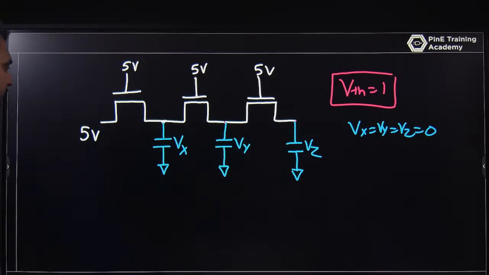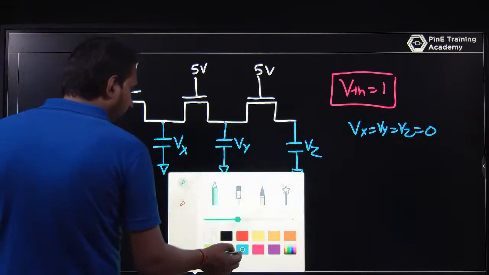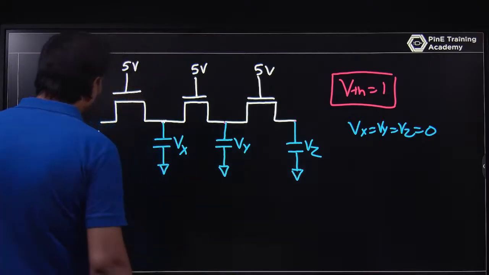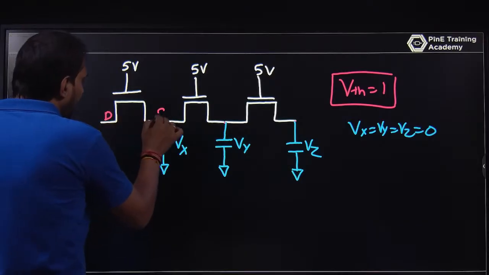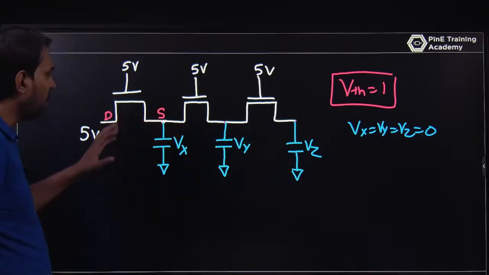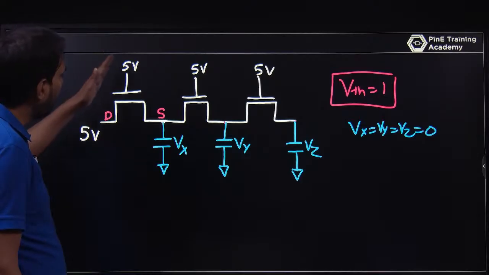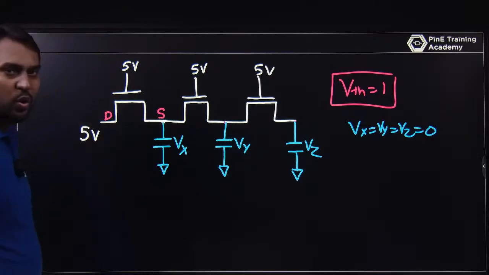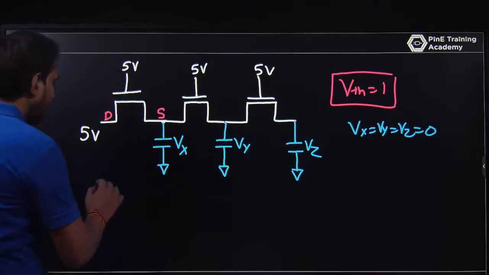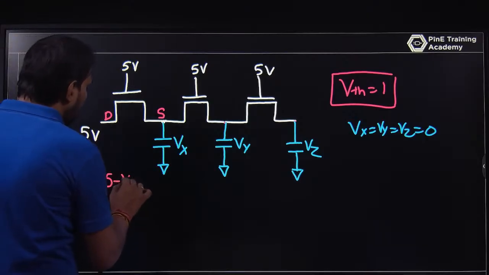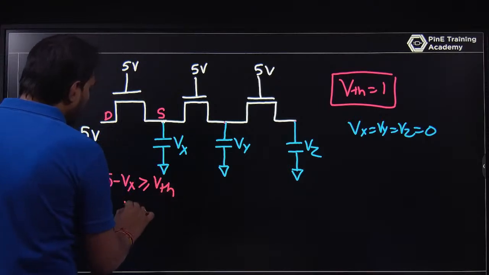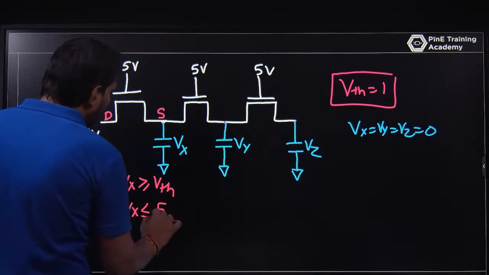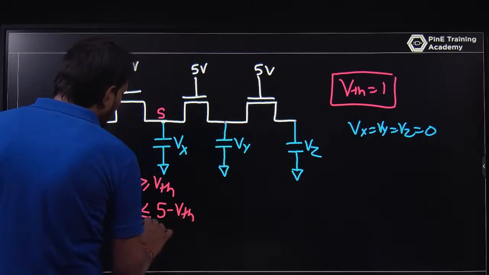Okay, so if you are looking at the circuit, just think in a way that this is NMOS, this is drain, and this is source. For this, VGS is greater than or equal to VTH, that is 5 minus Vx is greater than or equal to VTH. So Vx must be less than 5 minus VTH, that will be 4 volt.